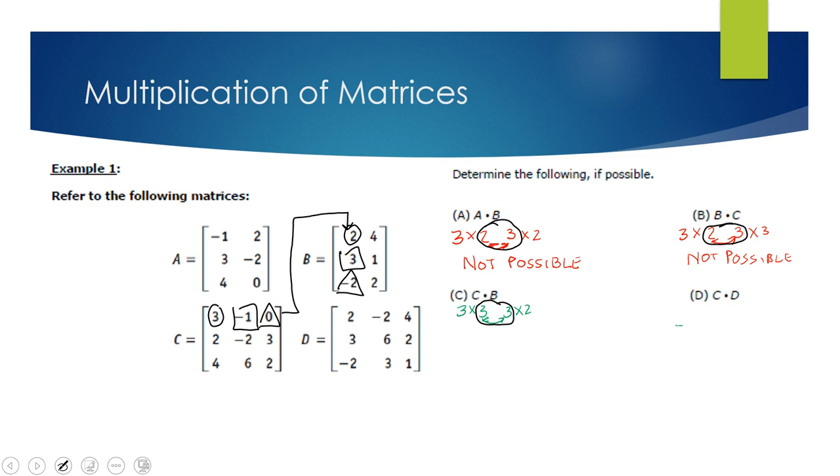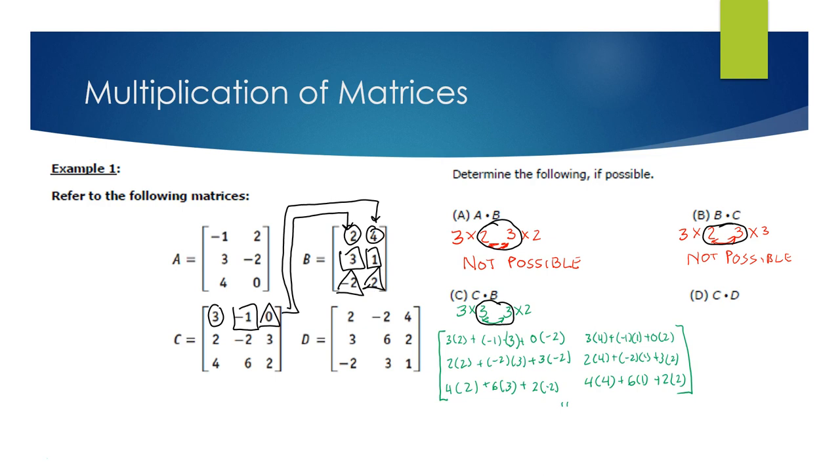And then I would do the same thing, except I would now go to column 2. So row 1, column 2, I would do the same thing. These two would be multiplied, those would be multiplied, those would be multiplied, and so forth. So if I carry that through, you're going to see 3 times 2 plus negative 1 times 3 plus 0 times negative 2.